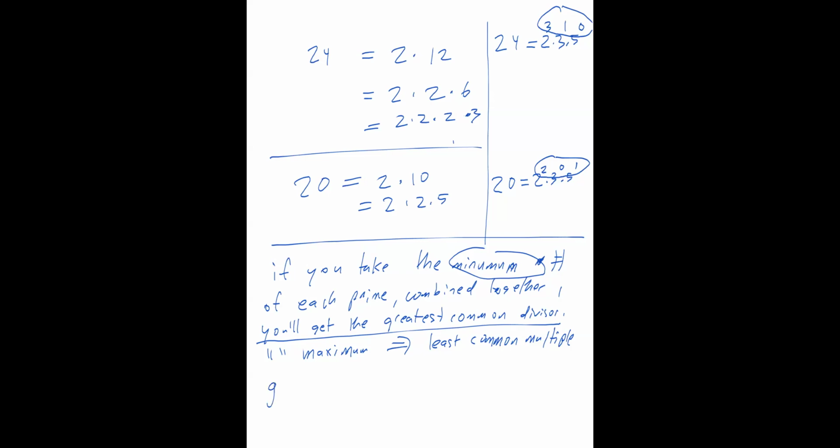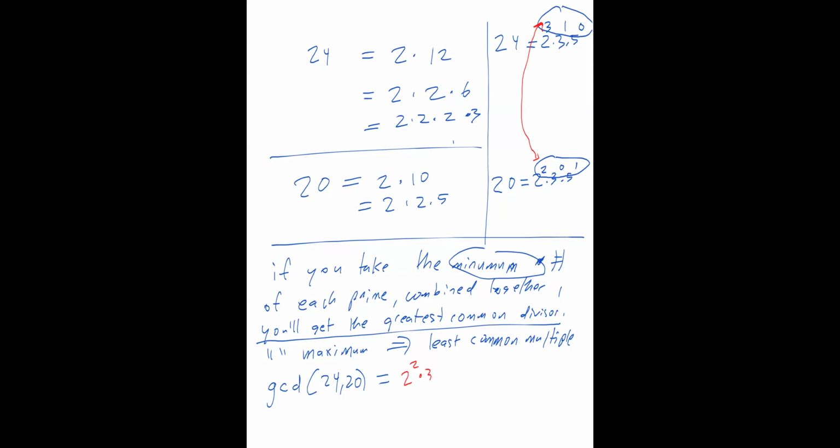What's the greatest common divisor? It's called the GCD. What's the GCD of 24 and 20? So look at which is bigger, 3 or 2? Look at those powers, or the number of primes. There's three in the top one and 2 in the bottom one. Which is smaller? 2, right? And then look at the 3.